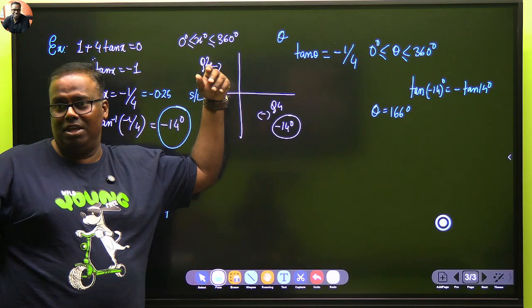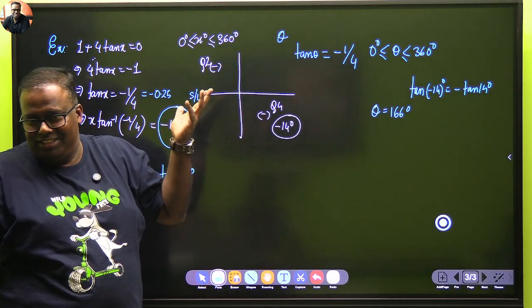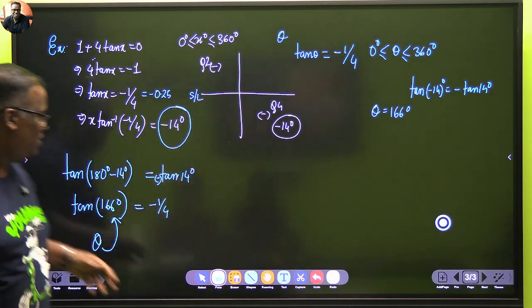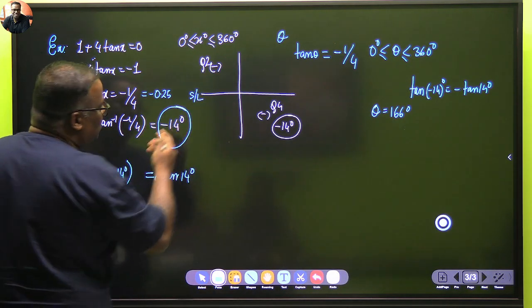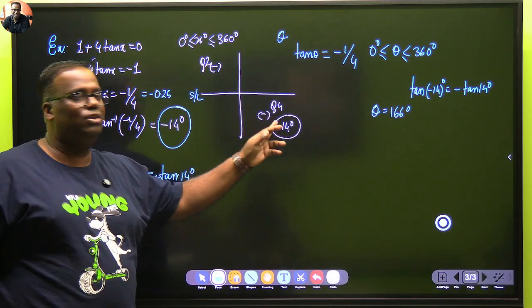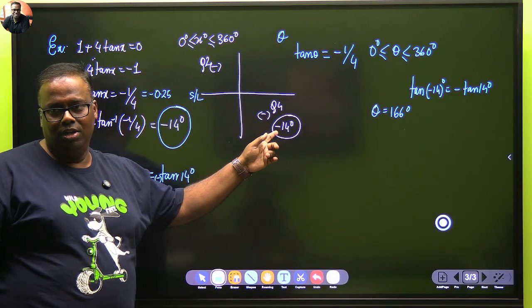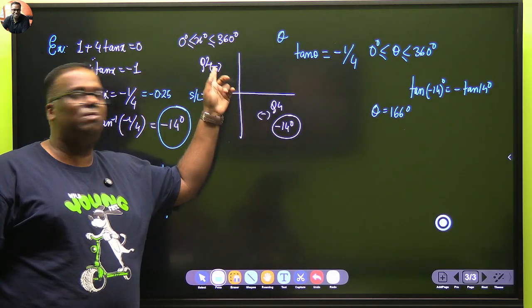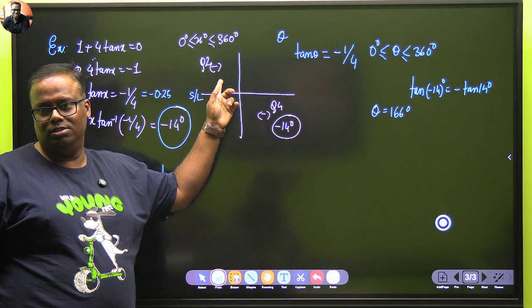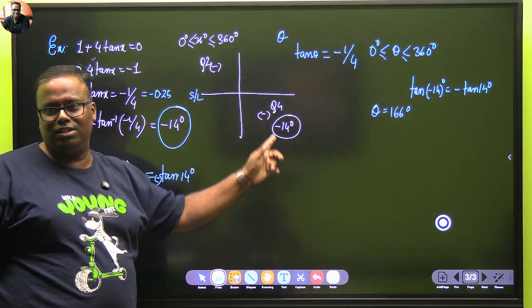So he needs to be the fairy of Cinderella, turn the pumpkin into a carriage and the mice into horses. He starts thinking that I need to get a value of tan which is negative. Tan is negative in Q2 and Q4. He got -14, which is nothing but Q4. So the angle that he is looking for must be lying in Q2. These are the two quadrants only where tan is negative.